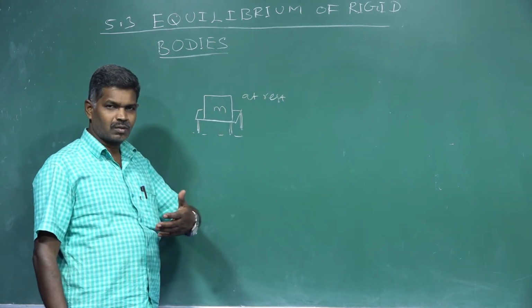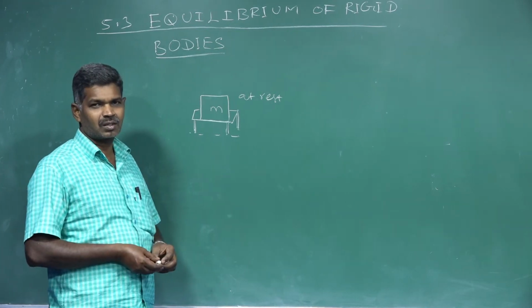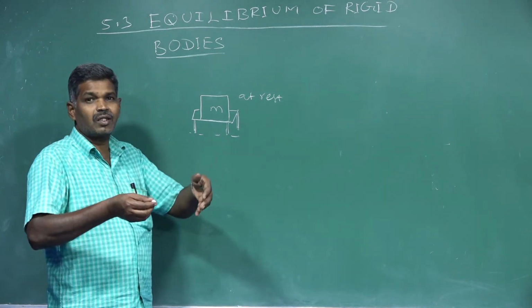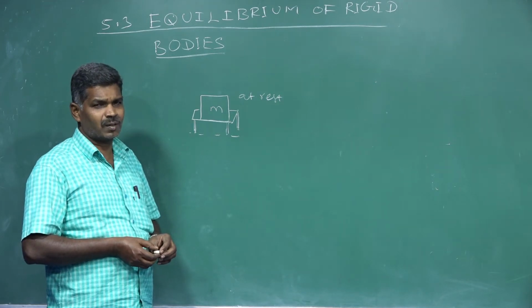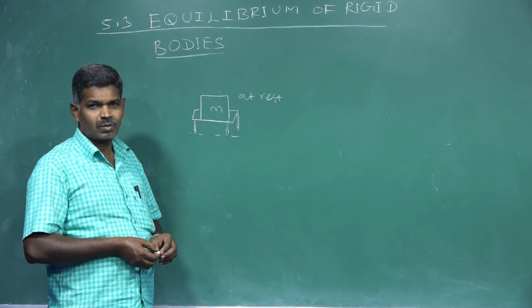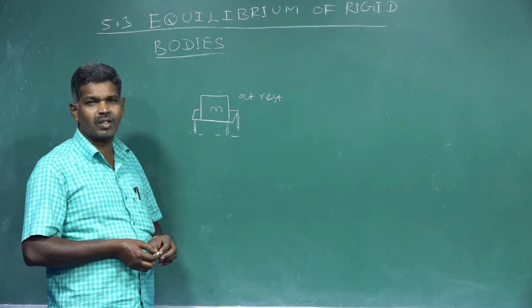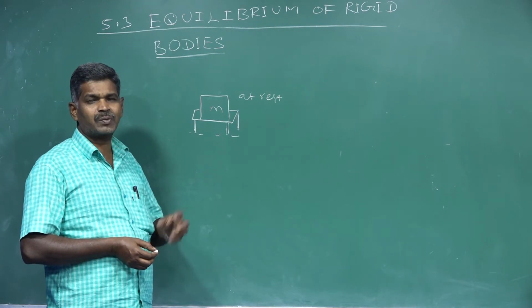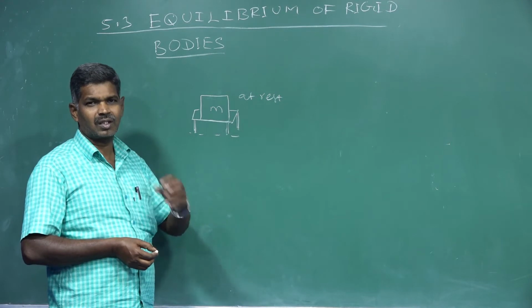As usual, when we say any object is at rest, it means there is no force acting on that object. But actually, our object is in the earth's gravitational field. Any object in the earth's gravitational field experiences a gravitational force towards the center of the earth.